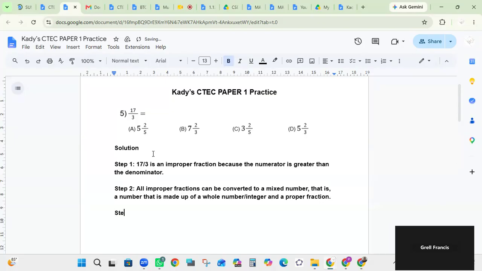Now, step 3. Now, fractions also communicate division.